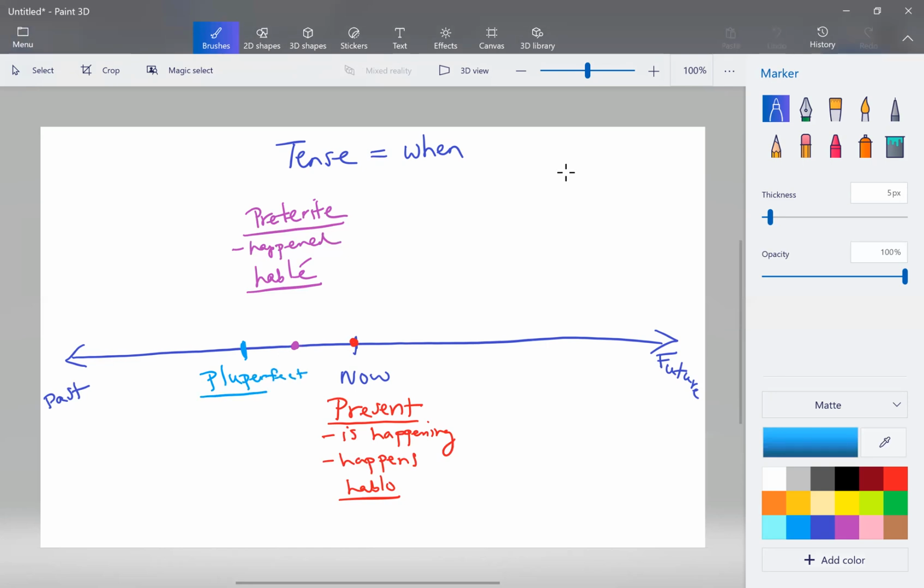Pluperfect. Had happened before something else happened.